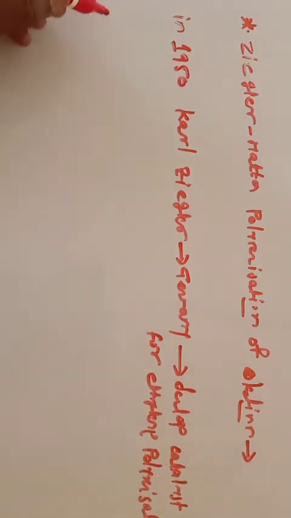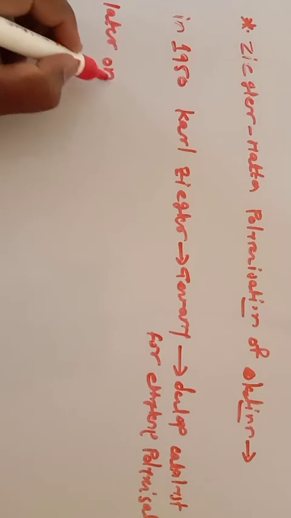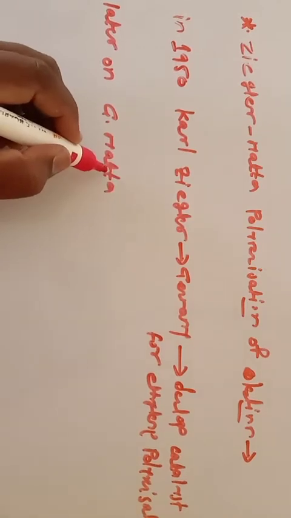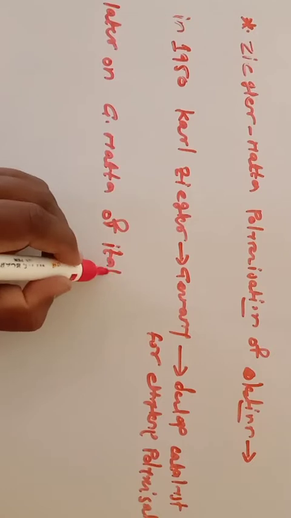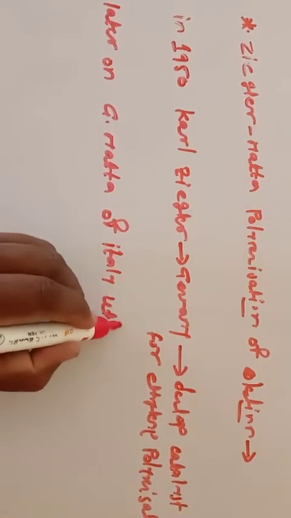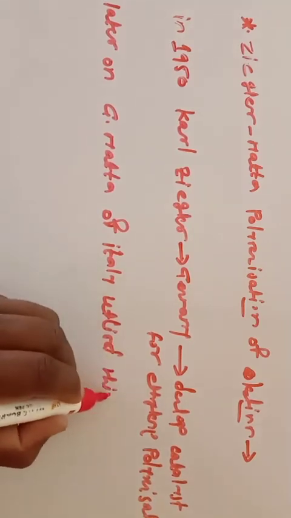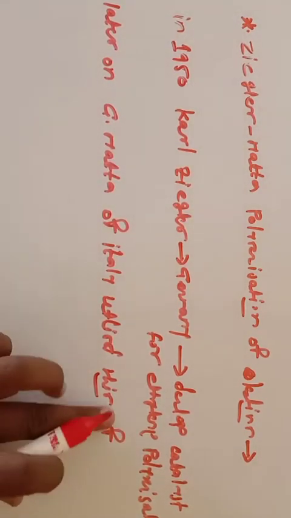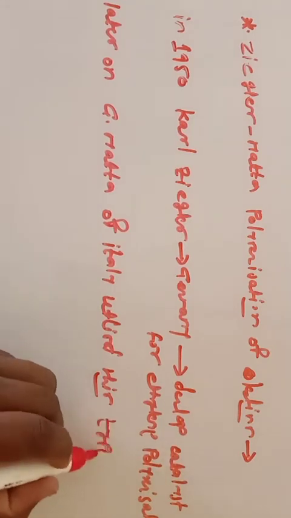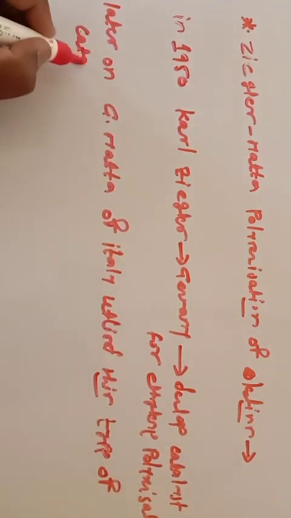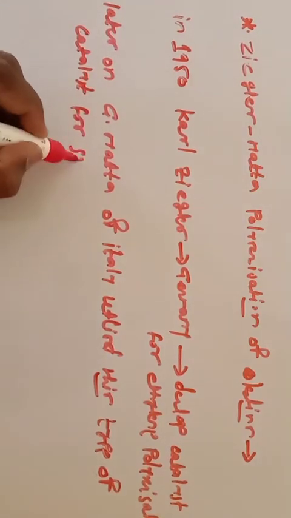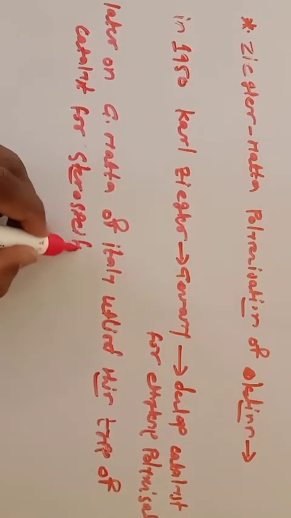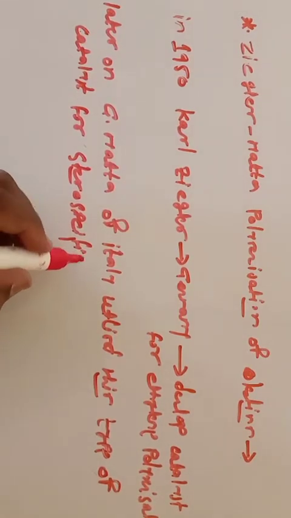Later on, Natta of Italy utilized this type of catalyst for the stereospecific polymerization of propene.